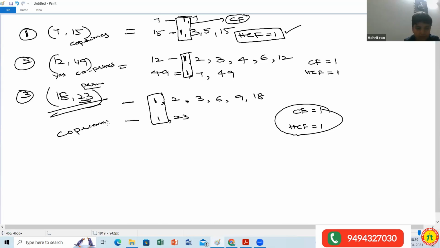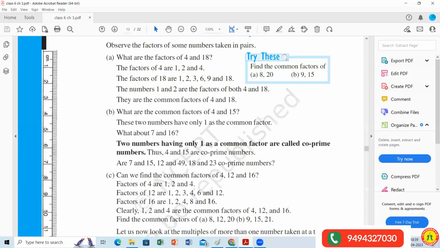Today's very important takeaway point is co-prime numbers, children. Two numbers having only 1 as a common factor are called co-prime numbers. Their HCF is always 1.